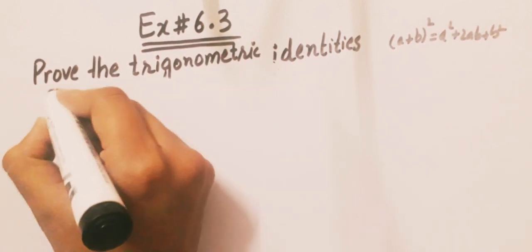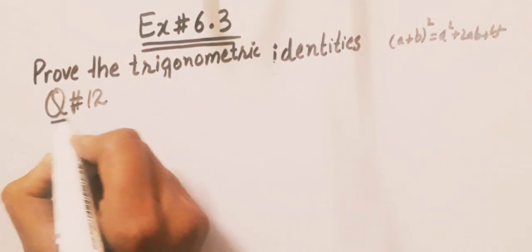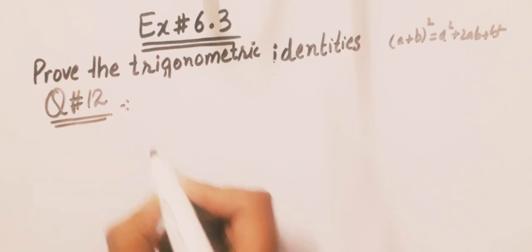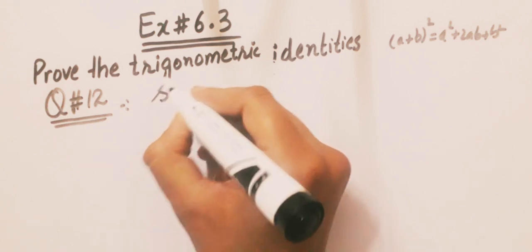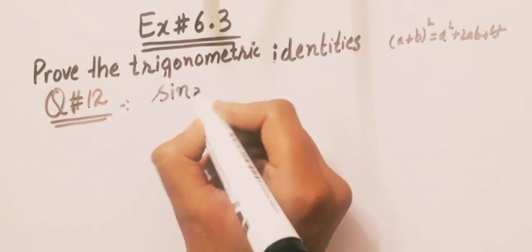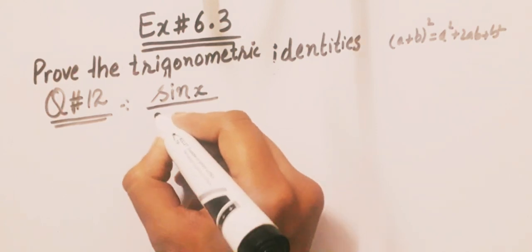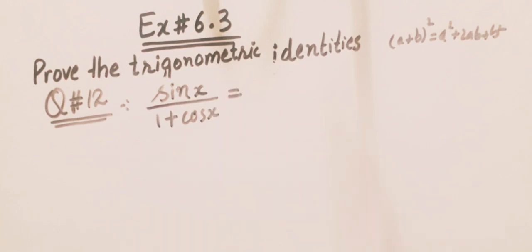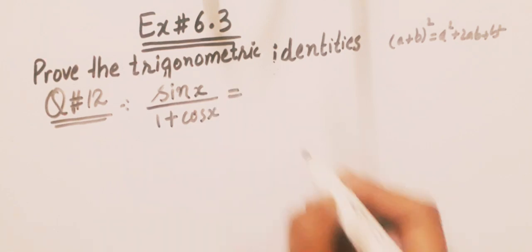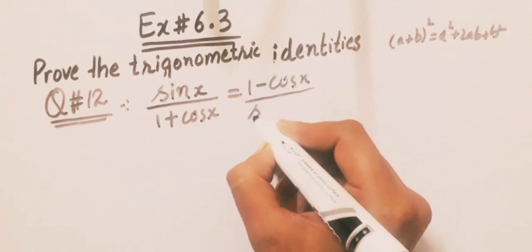Now we will solve question number 12. Question number 12 is sin x divided by 1 + cos x is equal to 1 − cos x by sin x.